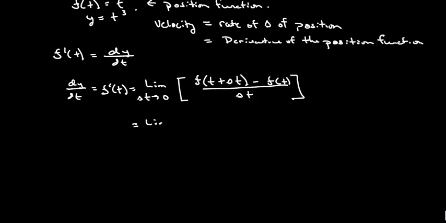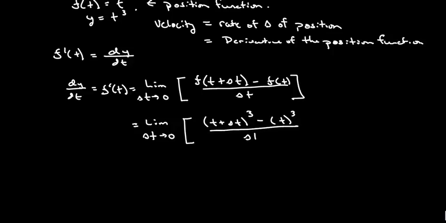So this is going to be the limit as delta t goes to 0 of t plus delta t to the third minus t to the third over delta t.